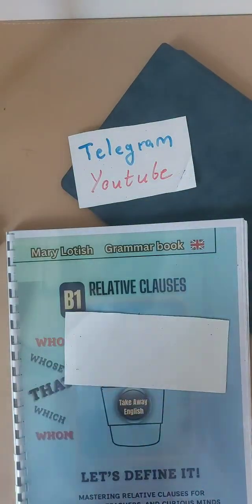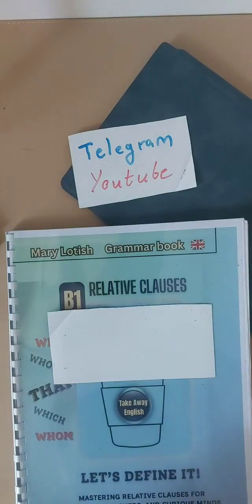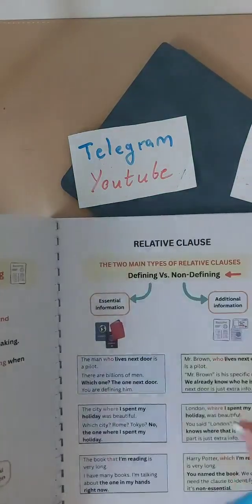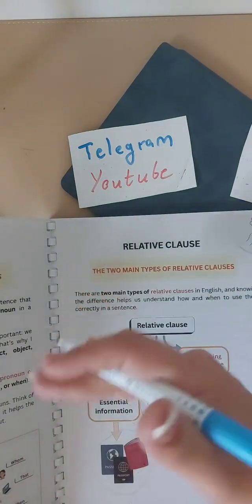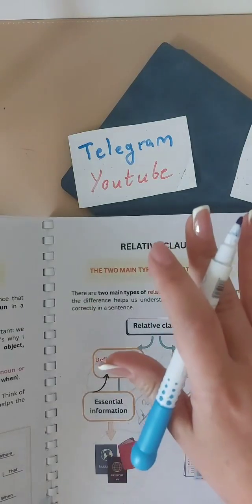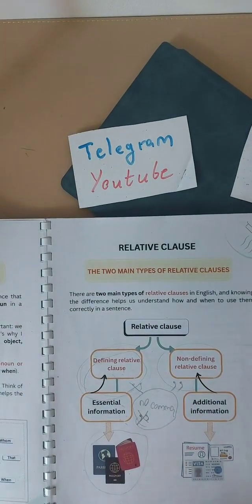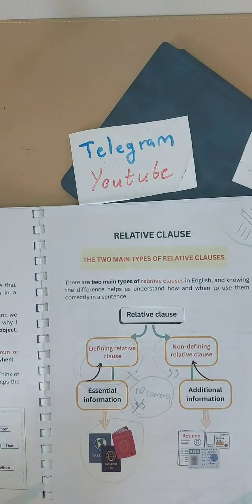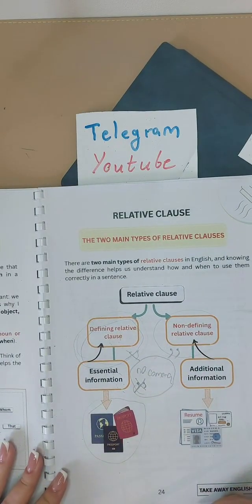Okay, so defining relative clause. What does it mean? Of course, people who were attending all my previous live lessons already know how we use defining relative clauses and when we use them, right? This is a defining relative clause when we provide essential information, when we want to identify someone or something.